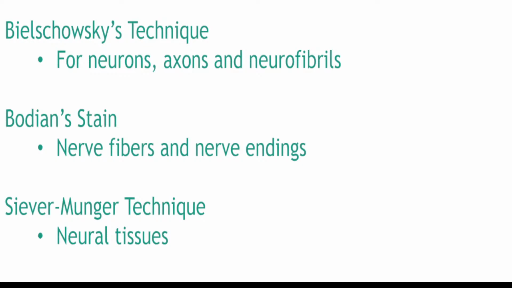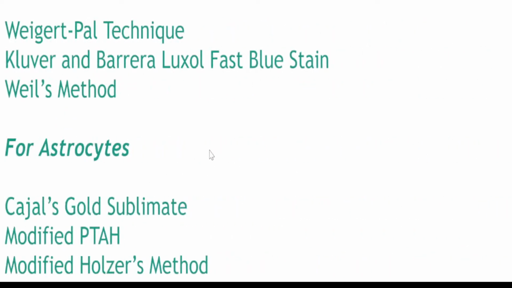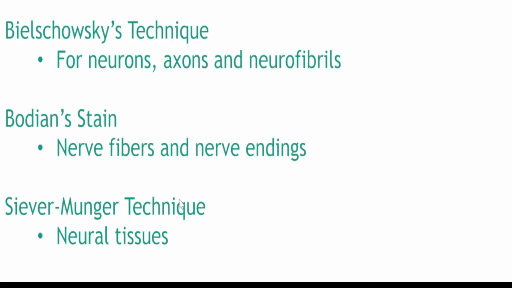Tests for the CNS, central nervous system. The Cajal stain stains neurons, axons, and neurofibrils. Bielschowsky stains neurofibers and nerve endings. Sevier-Munger stains the neural tissue. I don't want you to focus on this one. I want you to focus on Nissl bodies, cresyl fast violet, because this one was asked in the board exam.